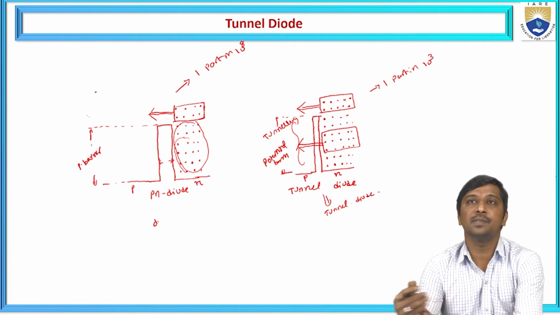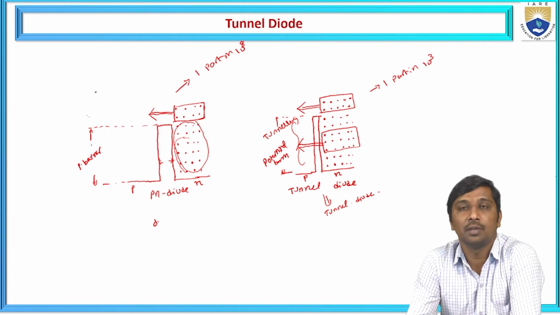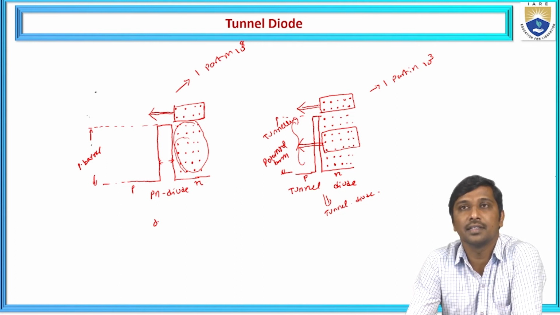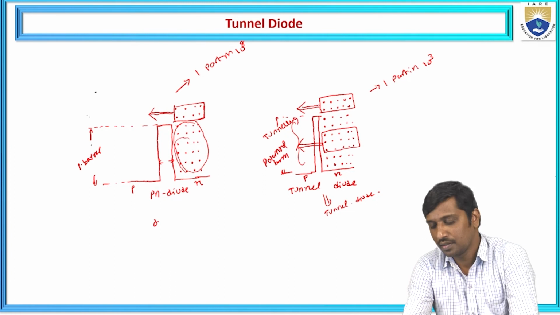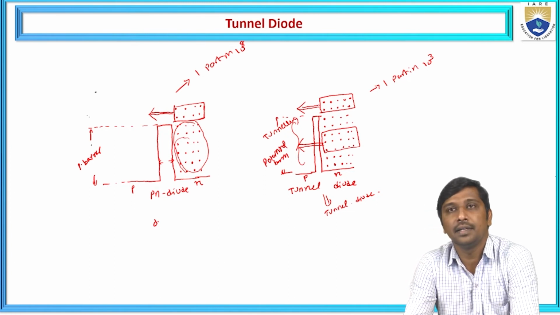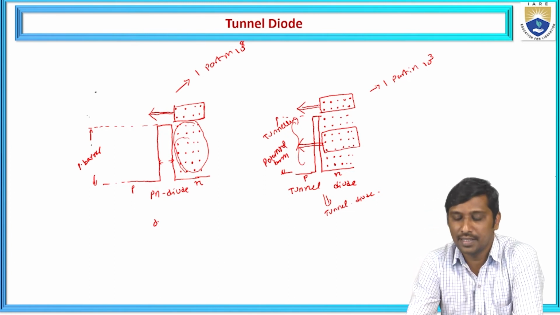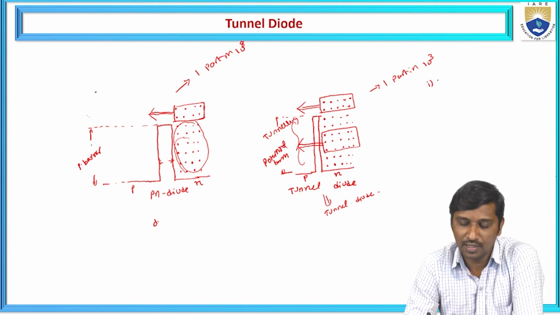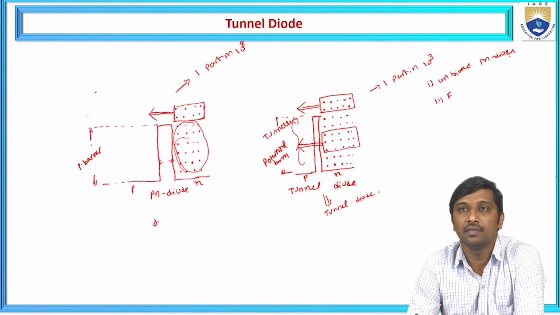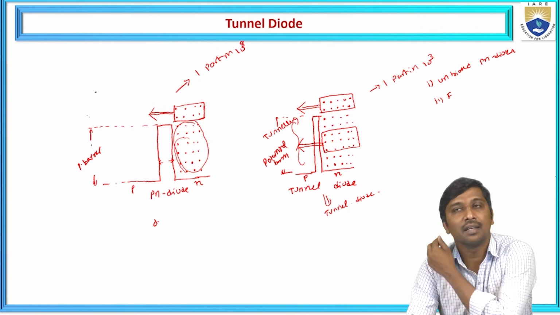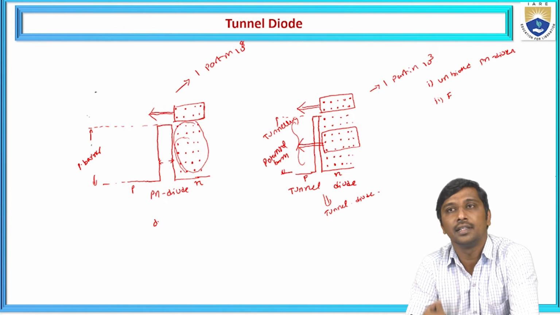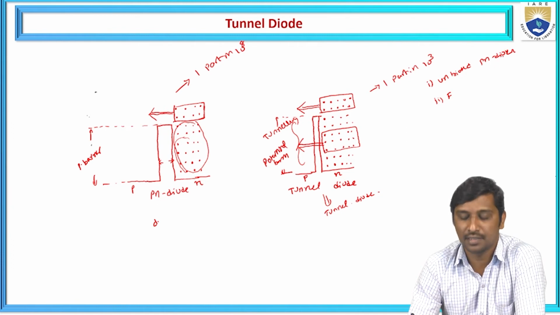Based on this principle, now we are going to observe the working principle as well as the characteristics of the tunnel diode. If we consider the normal PN junction diode, one case is the unbiased PN diode, that is without biasing, where zero voltage is applied across the PN junction diode.